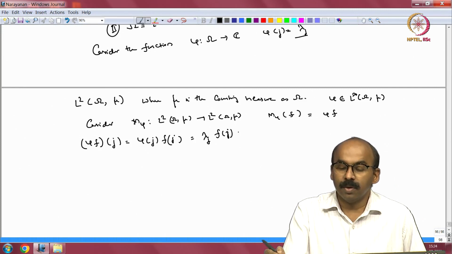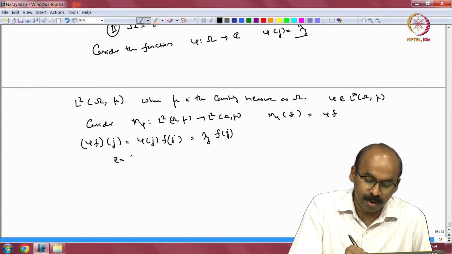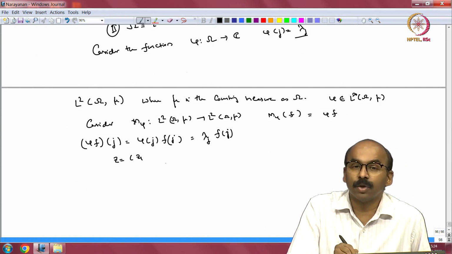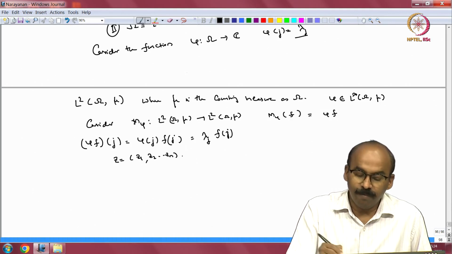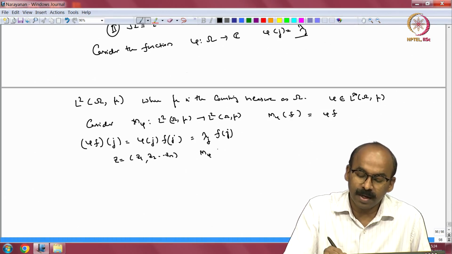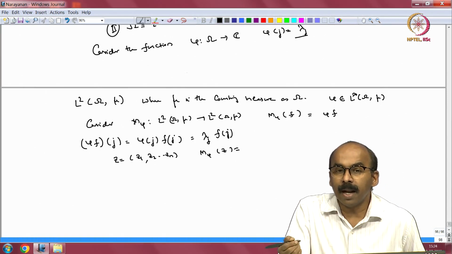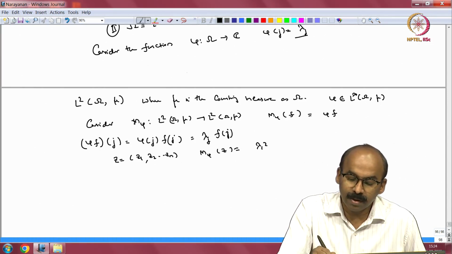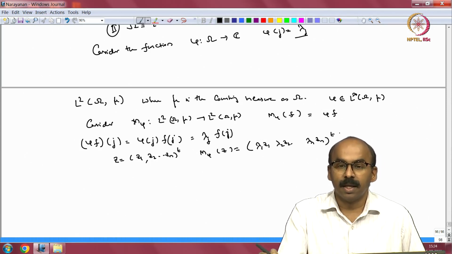In other words, if I take a vector z equal to z_1, z_2, etc., z_n, written as a column, M_phi of z would be, at each coordinate, multiplied by lambda_j. So, lambda_1 z_1, lambda_2 z_2, etc., lambda_n z_n.